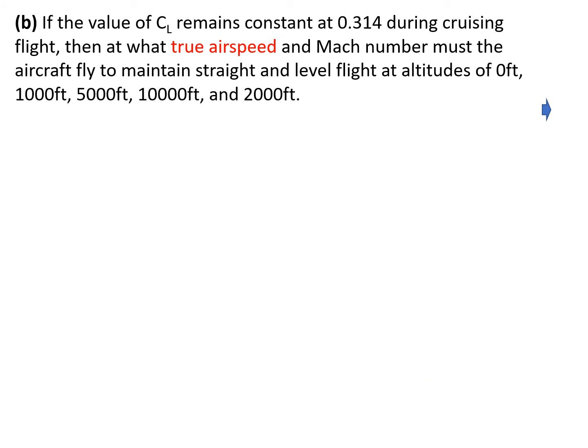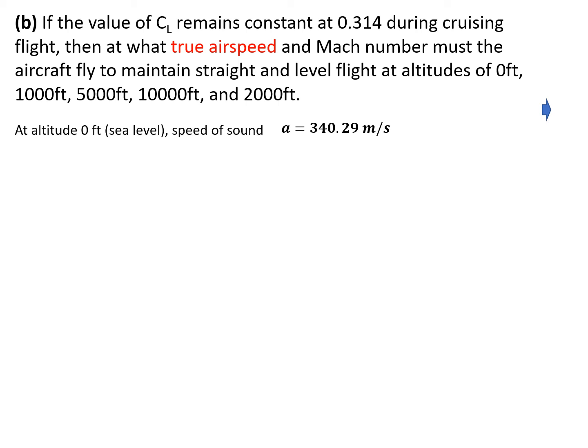The second part of the question, B, is to calculate the Mach number. If we want to get the Mach number, we need to have the speed of sound, because Mach number is a ratio between true airspeed and the speed of sound.